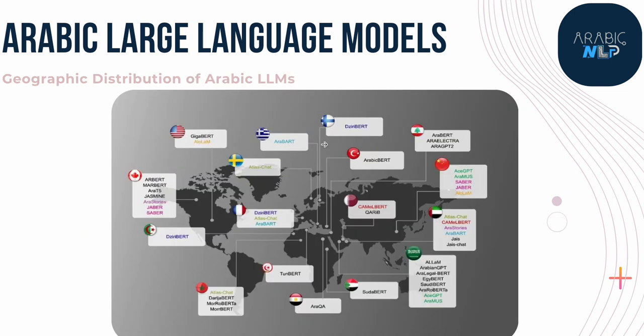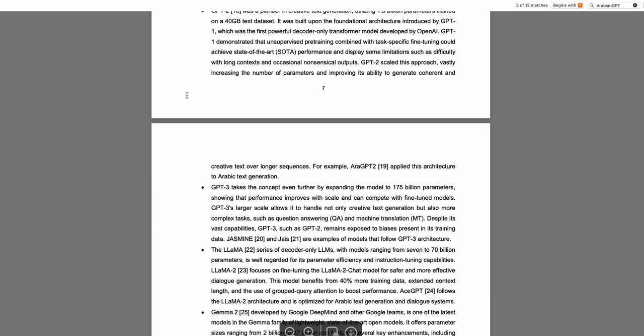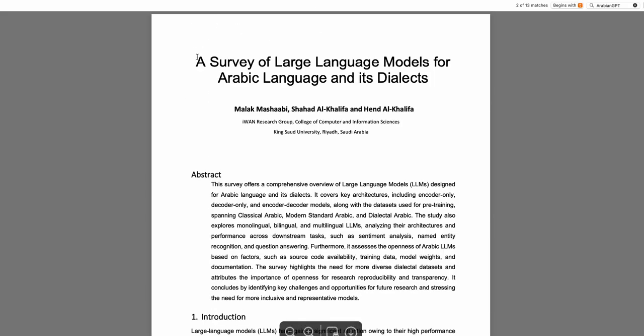So yeah, this is a geographic distribution of all the Arabic LLMs with their different types. And actually, this presentation today is inspired by this great work, a survey of large language models for Arabic and its dialects, from King Saud University and the A1 Research Group.